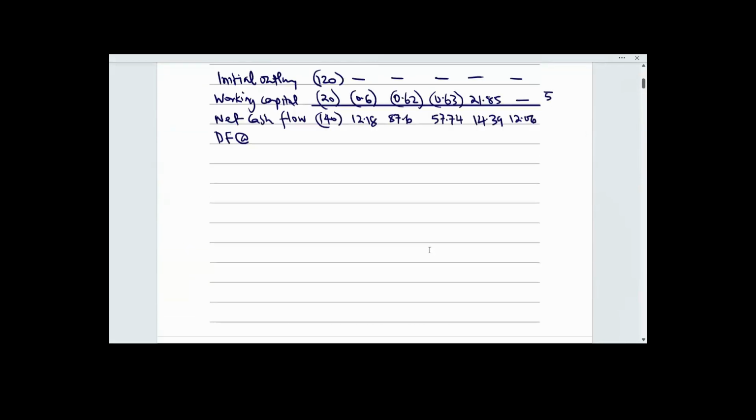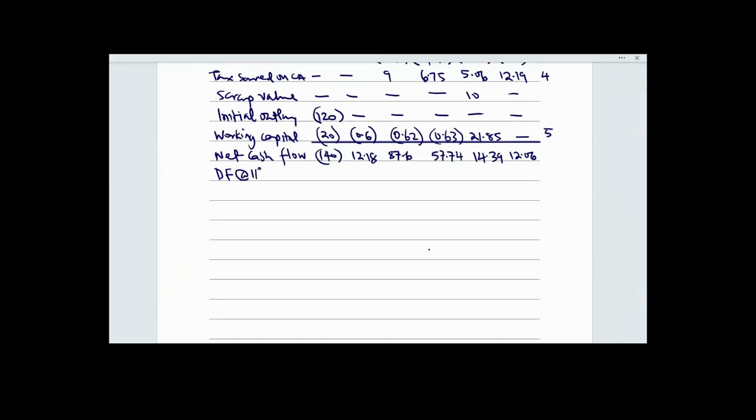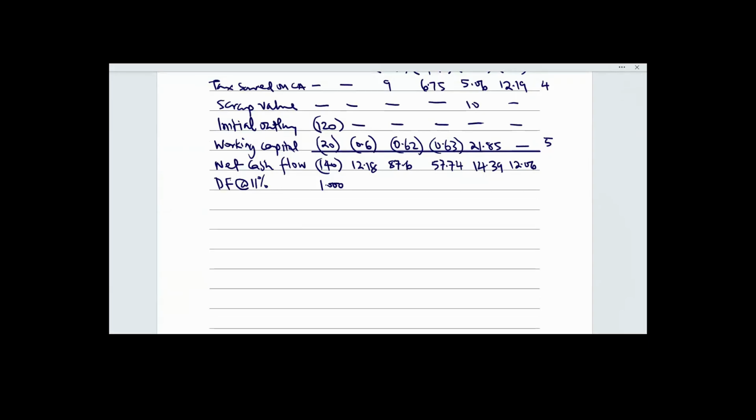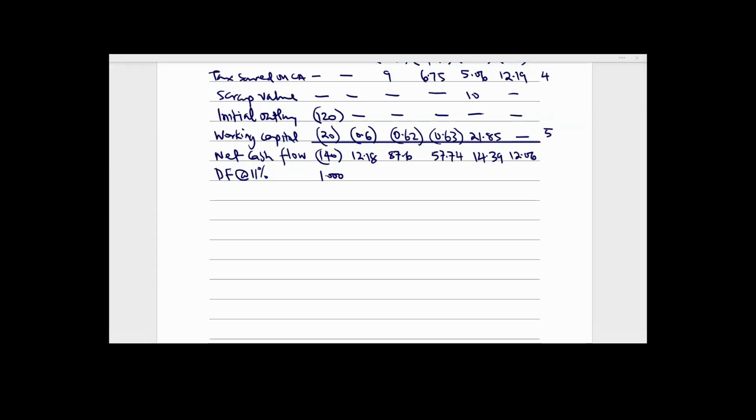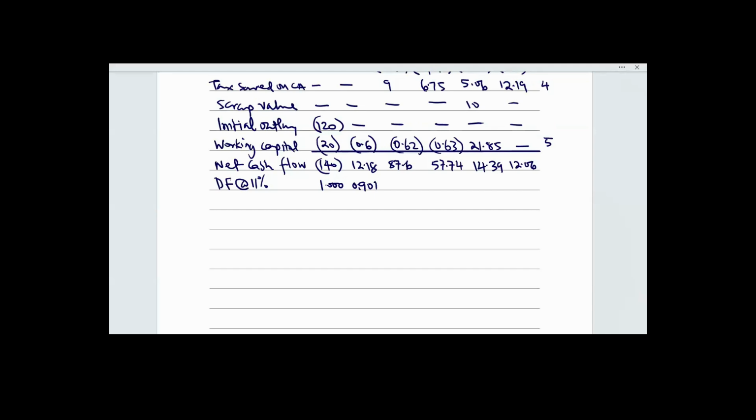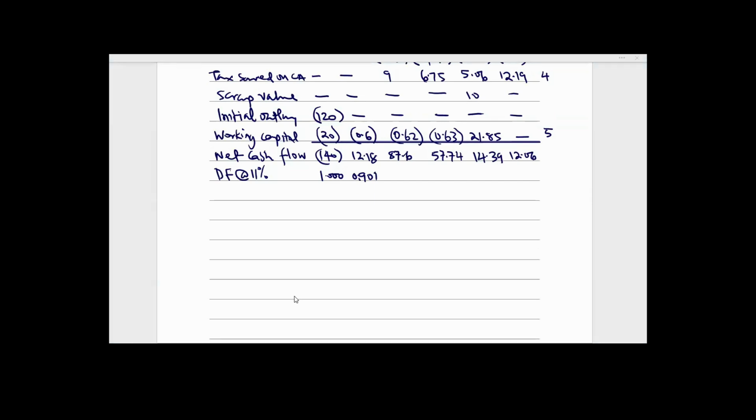So I will then come here. Here is 11%. Discount factor for year 0 is 1. Discount factor of year 1 at 11% will give us 1.11 raised to power minus 1, equal 0.901. Here is 0.901. Then for year 2, this will be 1.11 raised to power minus 2, equal 0.812.